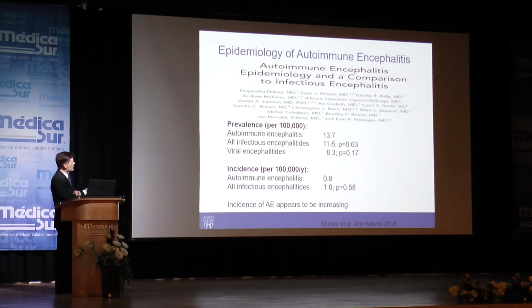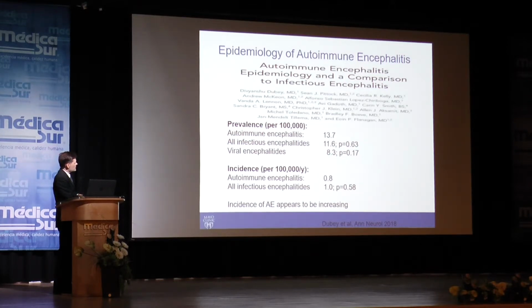And very simply what they showed was the incidence and the prevalence of autoimmune encephalitis was basically the same as infectious encephalitis. So it's, in fact, the prevalence of autoimmune encephalitis, probably because it can be a relapsing and more chronic condition, was actually a bit higher, not statistically significant, but the absolute number was higher.